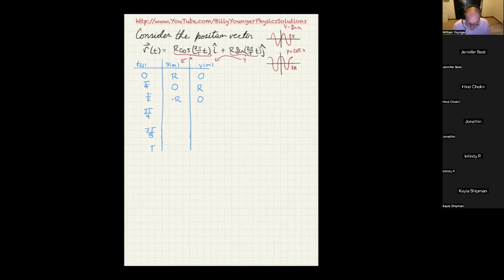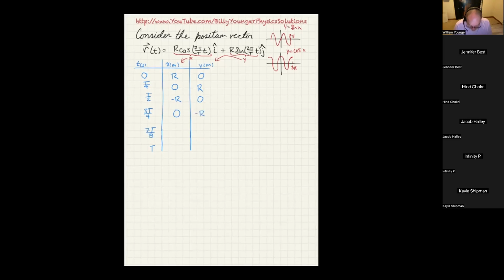Anybody get an x for that? 0. Exactly. And what about for y? Negative r. Very good, because the y is the sine and you get negative 1. So this would be negative r.